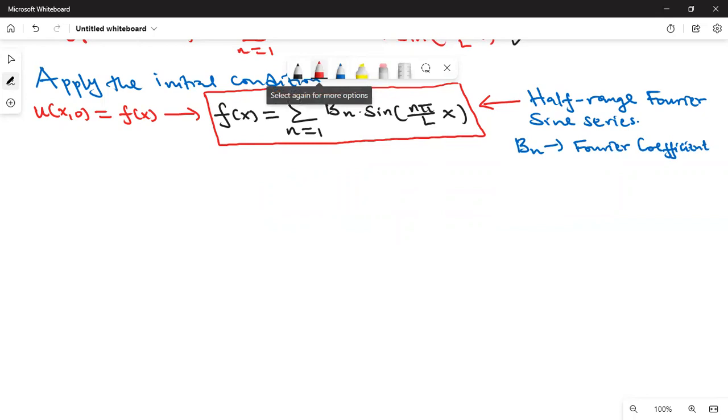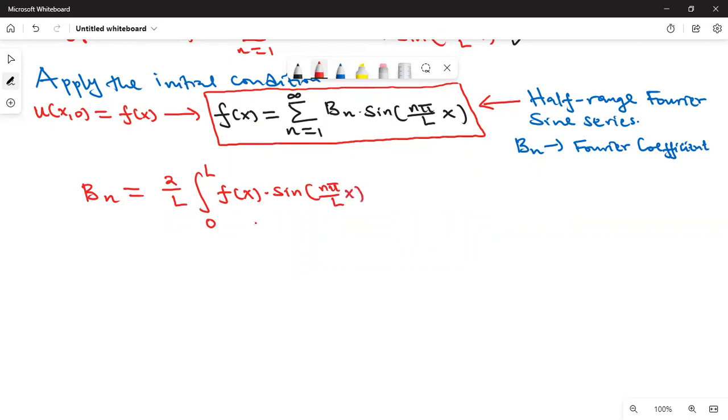The Fourier coefficient b subscript n is given by 2 over L times the integral from 0 to L of f of x times sine n pi over L x dx.